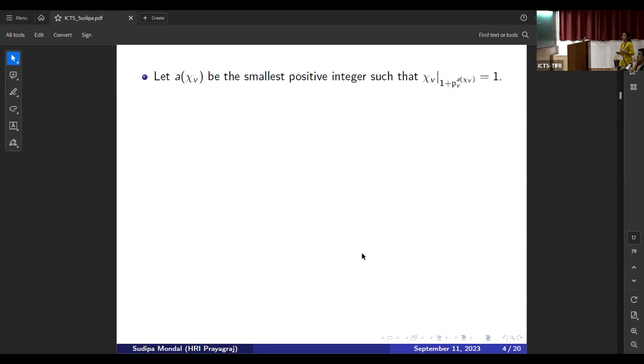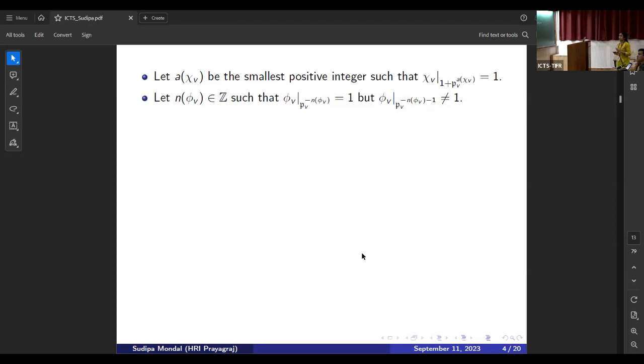So we have this multiplicative character chi_v. Let a(chi_v) be the conductor of the multiplicative character. That means by definition, this is the smallest positive integer such that chi_v restricted to this unit group is 1. We attach another integer to the additive character, which is called the level of the additive character, an integer such that this satisfies this condition.